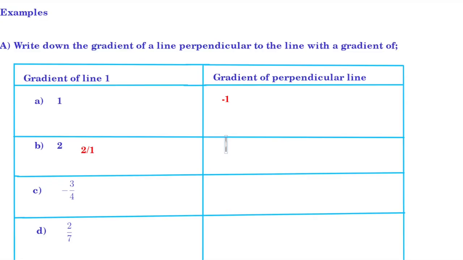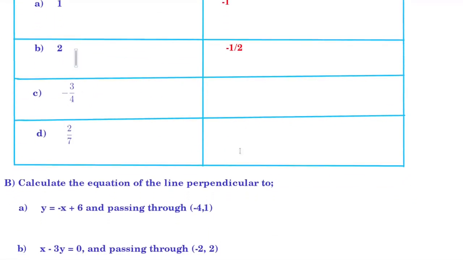It's 1 over 2. And again, remember to change the sign, and that will give you negative 1 over 2. So the gradient of the line perpendicular to a line with the gradient of 2 is negative 1 over 2.